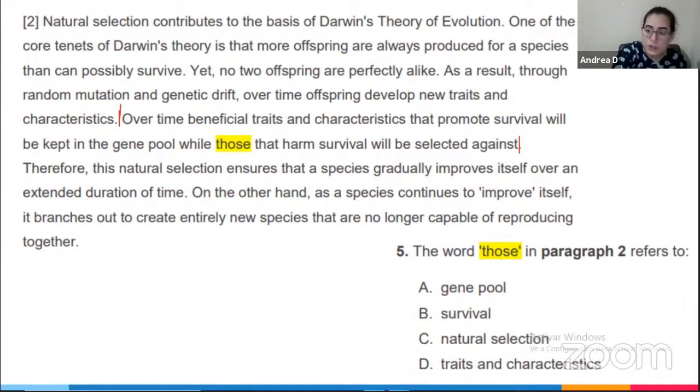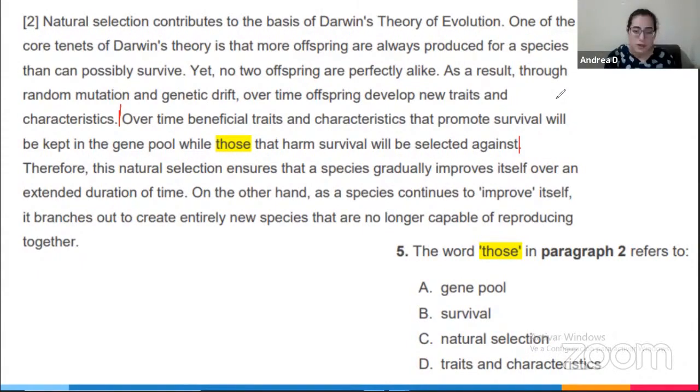So maybe, Melissa, would you read it? Okay. Over time, beneficial traits and characteristics that promote survival will be kept in the gene pool, while those that harm survival will be selected against.